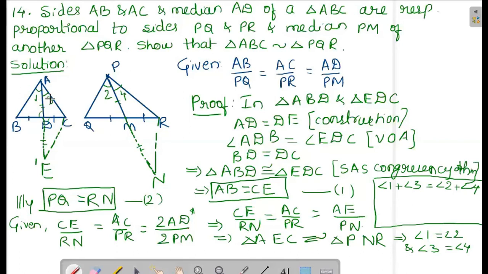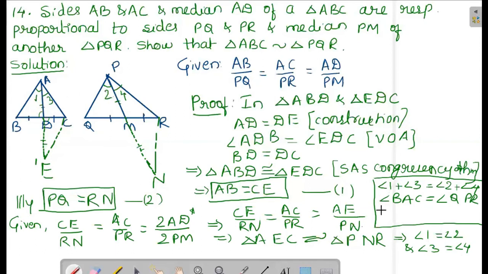What is angle 1 plus angle 3? It is angle BAC. Angle BAC is equal to angle 2 plus angle 4, which is angle QPR. Okay, now see here. Given is AB by PQ is equal to AC by PR. Then we have proved the corresponding angle, the angle subtended by these two sides, is also equal.